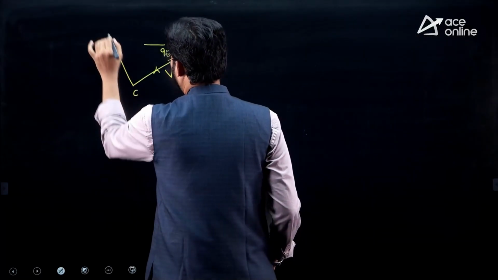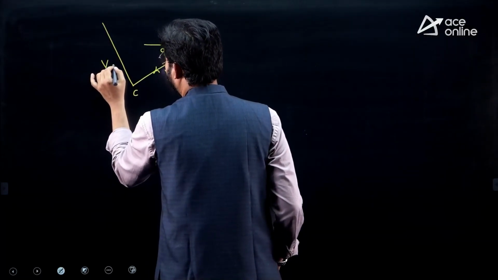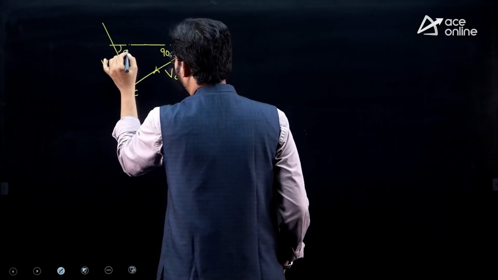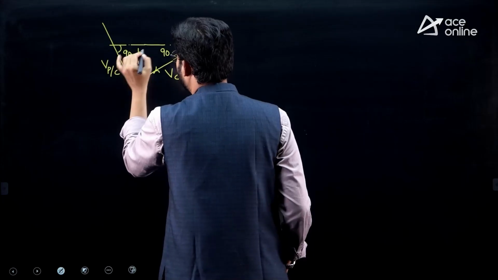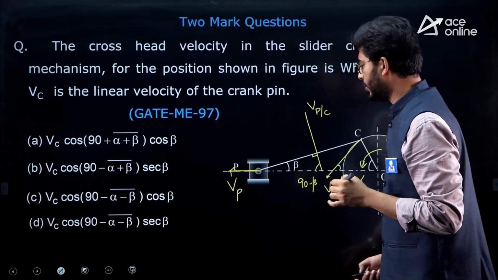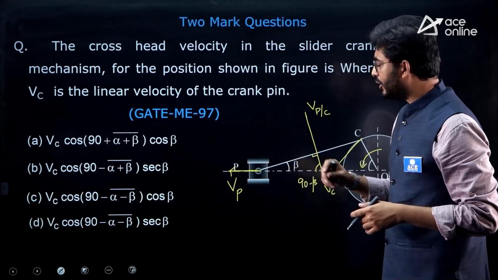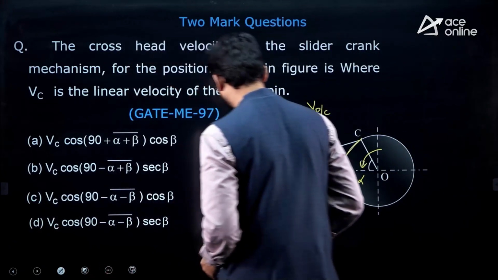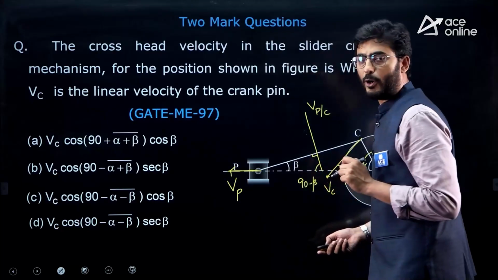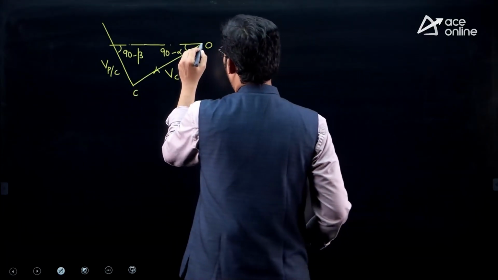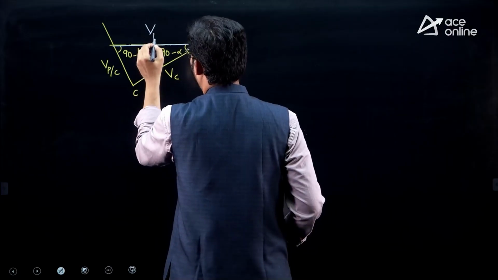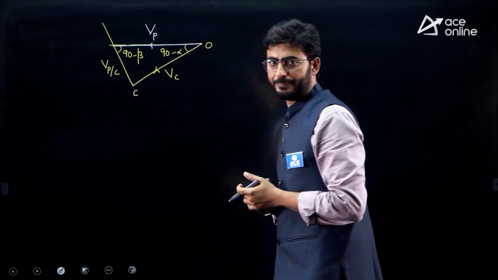This vector is going to make an angle of 90 minus beta with the horizontal. Next, velocity of the slider is horizontal, so I need to place this vector starting from the point O. This would be the velocity of the slider, that's VP.